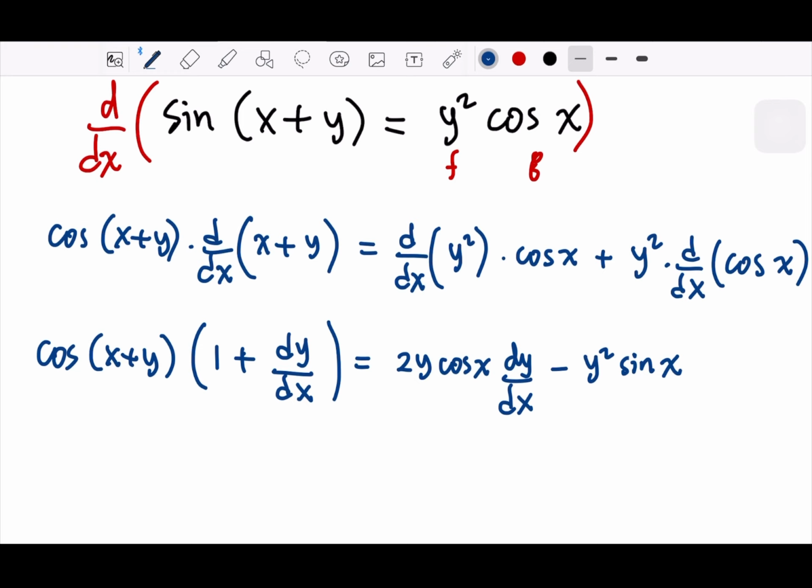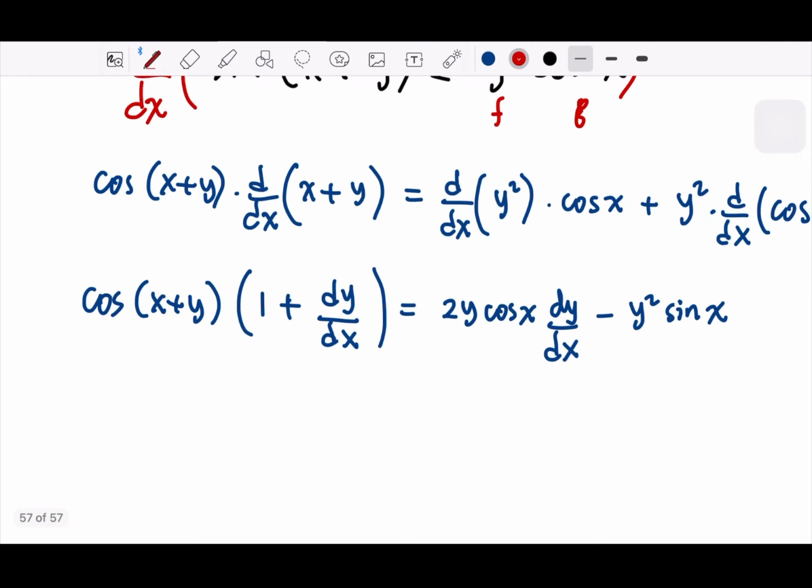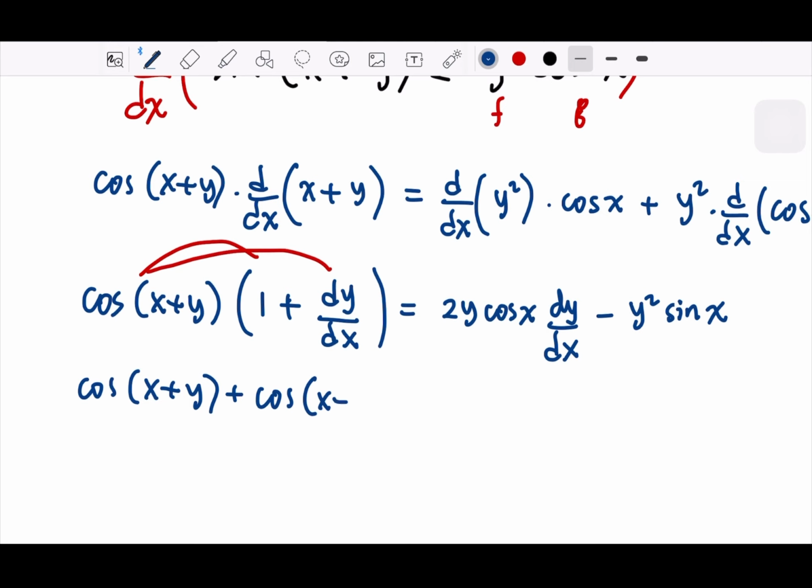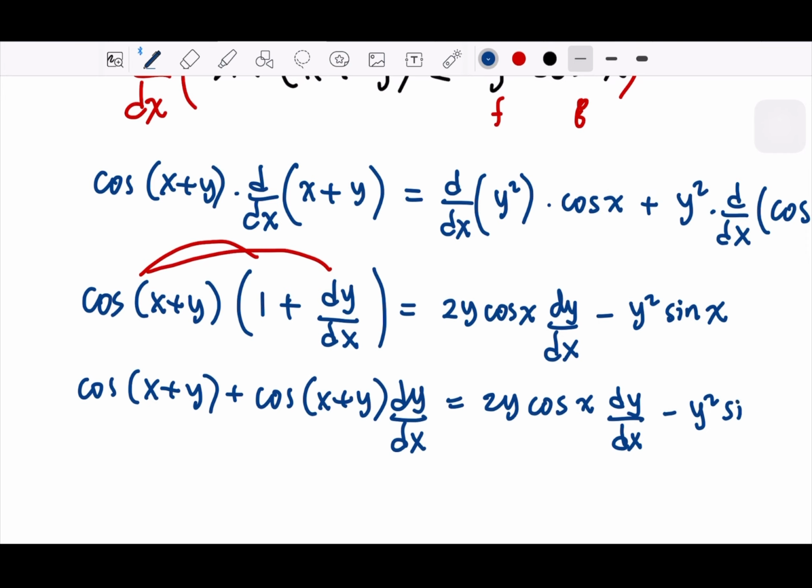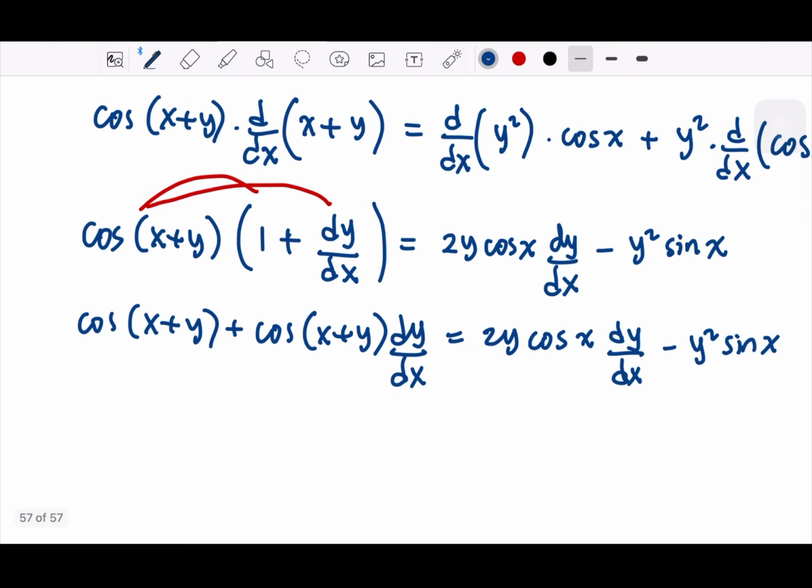And then we need to solve slowly. So this will be, let me multiply this, cos x plus y plus cos x plus y, and then dy over dx. Okay, and then combine the dy over dx together.